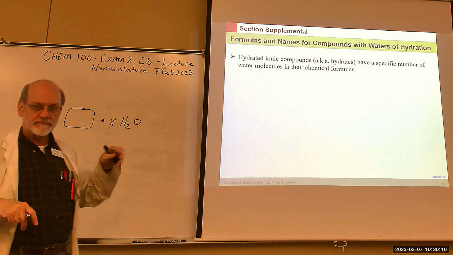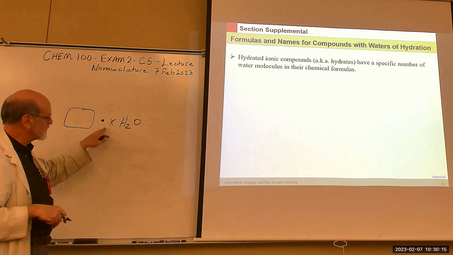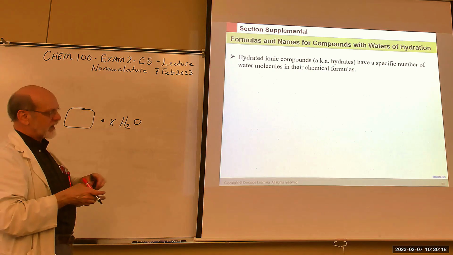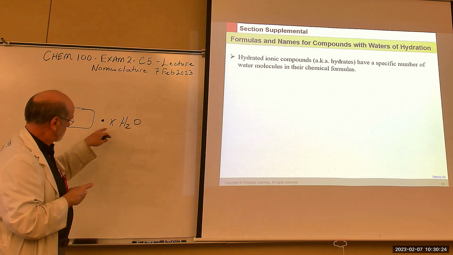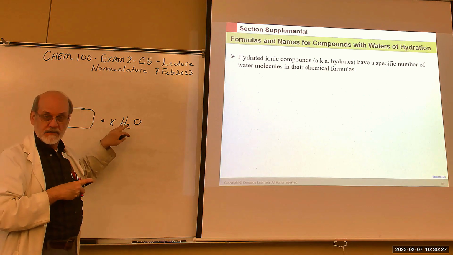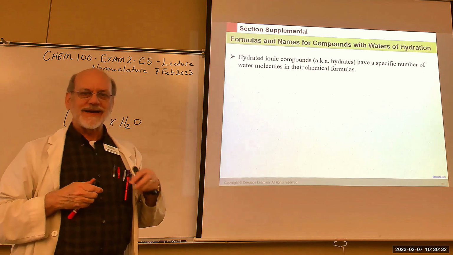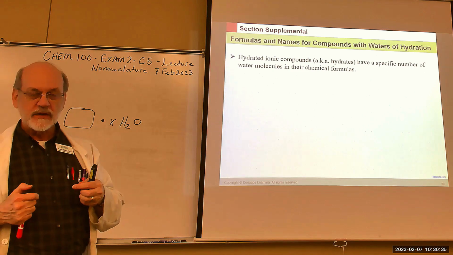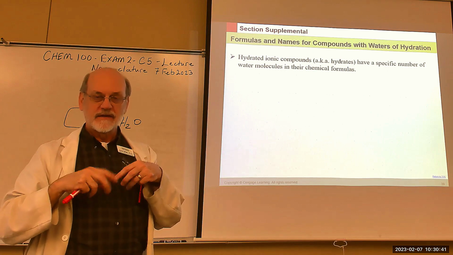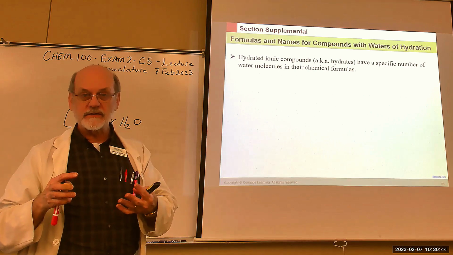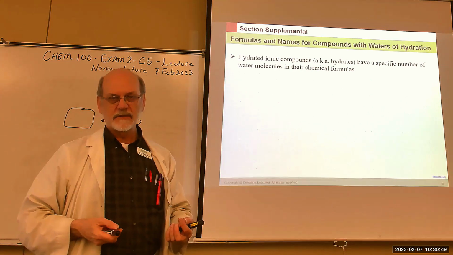So type 1 or type 2 compounds will have the possibility of this. Now, what is a water of hydration? Well, aside from being this naming structure, this formula structure, waters of hydration are those water molecules that are still in the crystal matrix after we've heated the compound up to 105 degrees Celsius. 105 degrees Celsius will evaporate most of the water of a wet compound.